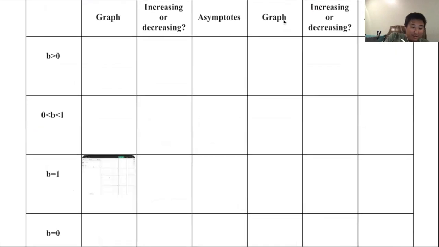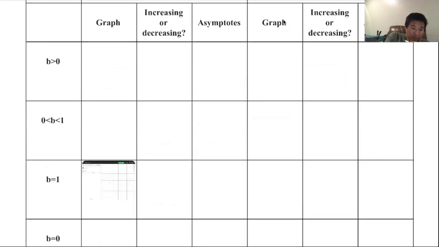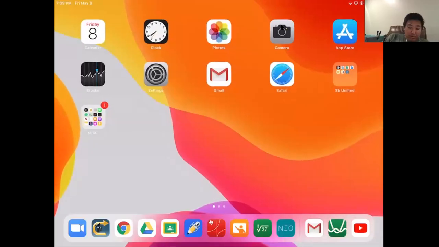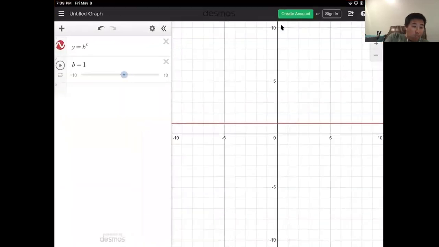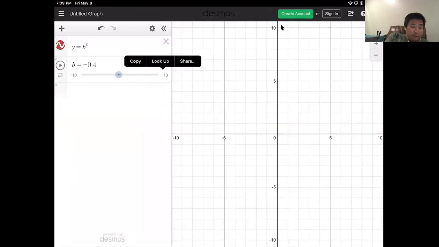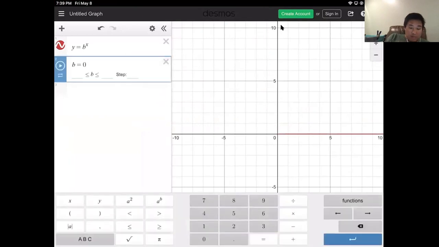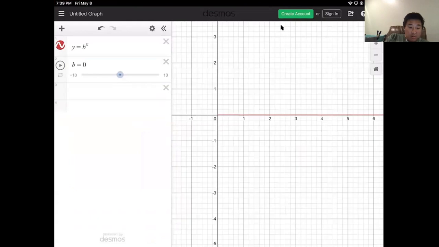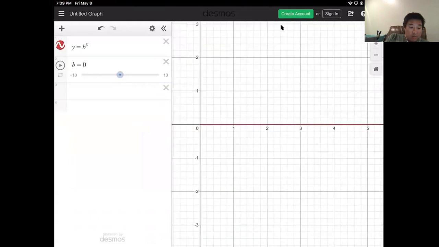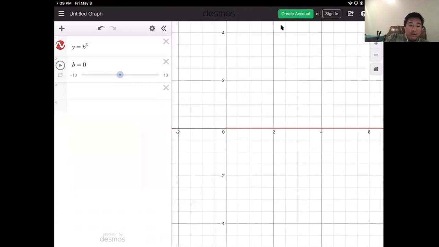Is it increasing or decreasing? No. None. And this is none, because it's a straight line. Let's do b equals 0. When b equals 0, 0 to any number is always 0.